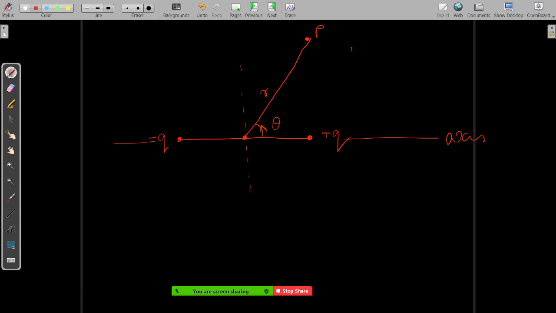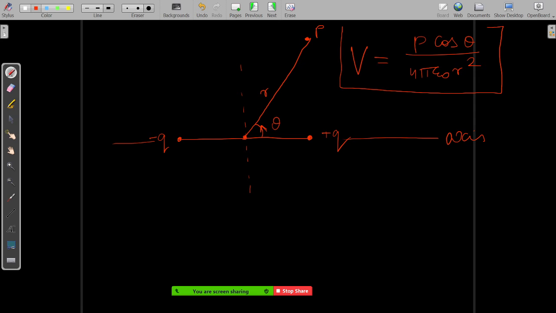So the potential is given as P cos theta by 4 pi epsilon naught r square. This we have to remember. We don't have much time to prove all those things, and you are having exams now, so we will go directly to the formulas.